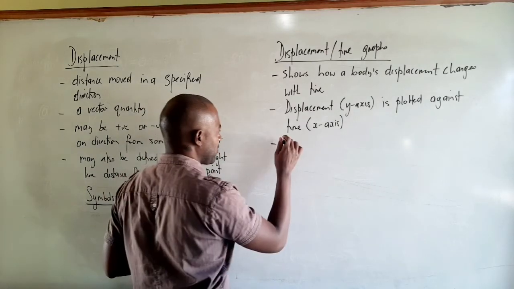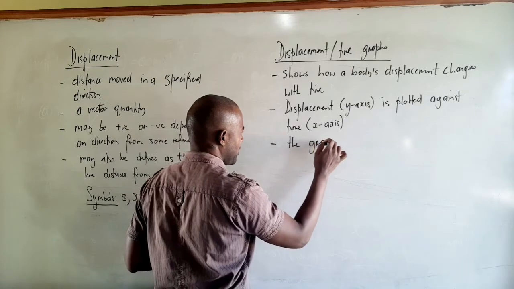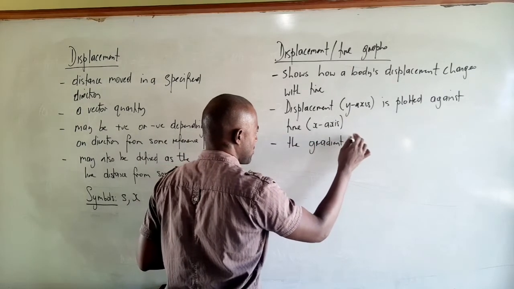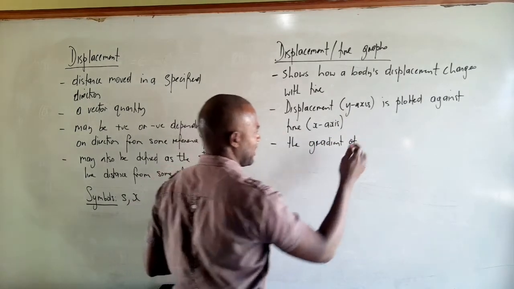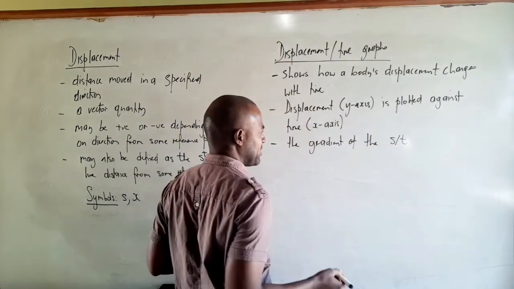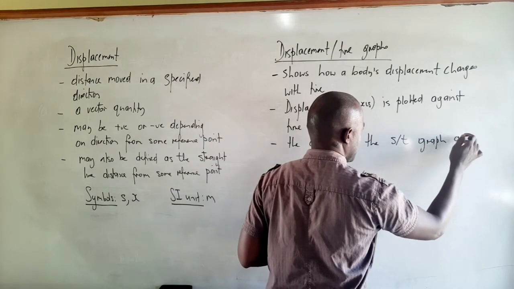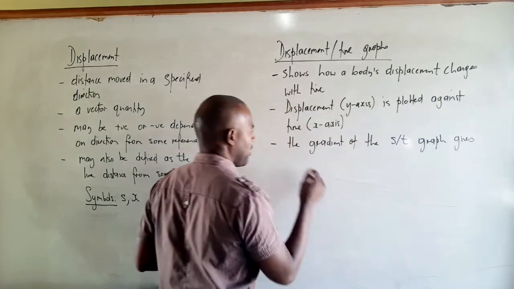We can examine the gradient of the graph. The gradient of the displacement time graph, we'll just write S/T, displacement time graph, gives velocity.